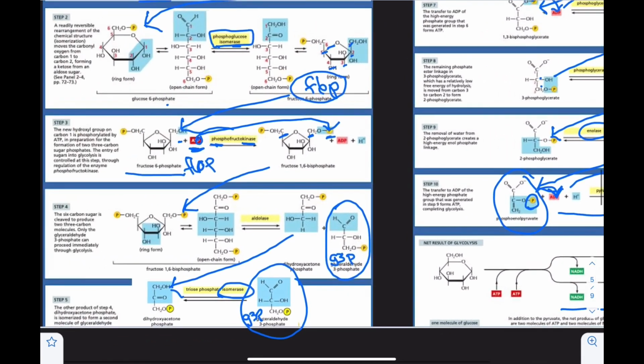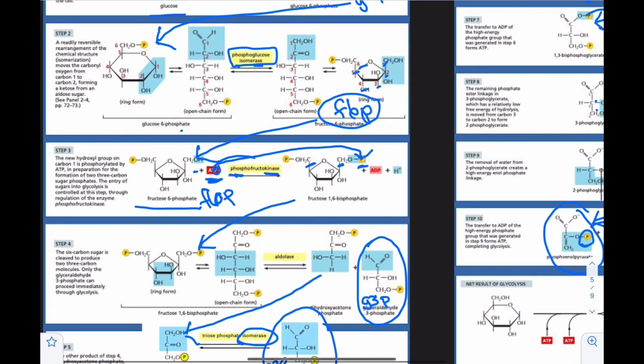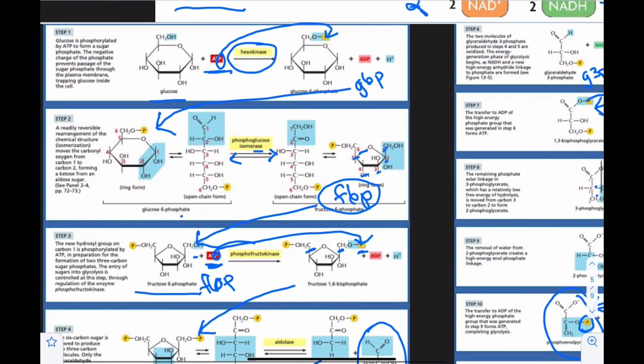Now, as we saw in this reaction, some of the arrows are going in one direction and some are going in 2 directions. For instance, here it's going in 2 directions in step 2. But you see, in step 1, it's going in 1 direction. What do you think that is?